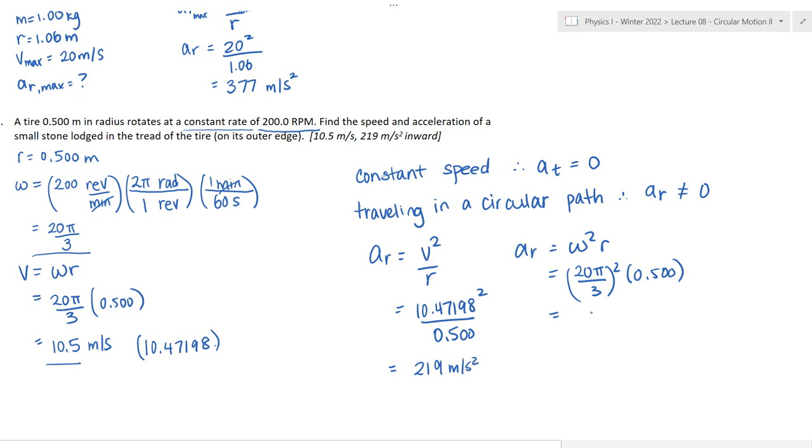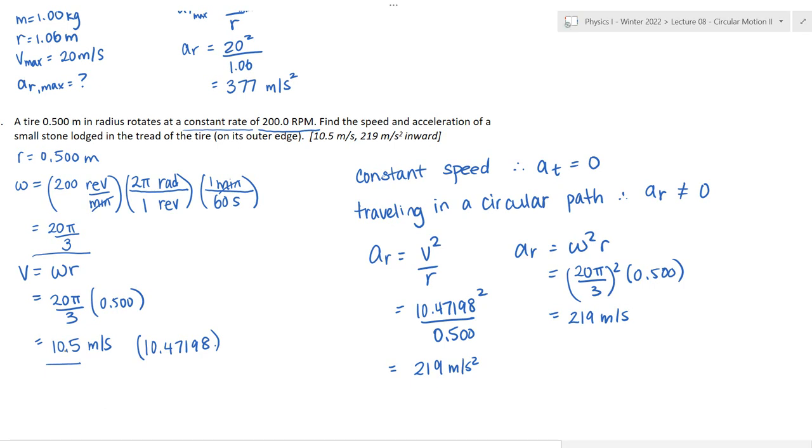And in this other case, I have 20 pi over 3 squared times 0.5, and I get the same answer, 219 meters per second squared. So see, it doesn't matter which equation I use, since in this case we have both the v and the omega. Okay, so the question said find the speed.